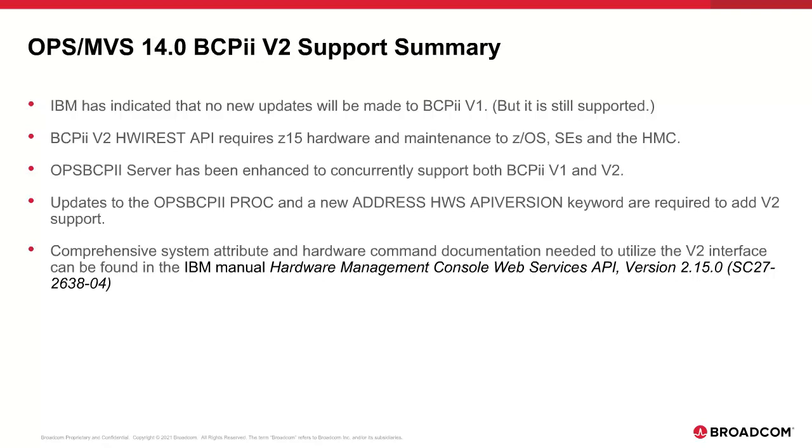The OPS BCPII server has been enhanced to concurrently support both BCPII versions 1 and 2. The updates to the OPS BCPII proc and a new ADDRESS HWS API version keyword are required to add version 2 support. And comprehensive system attribute and hardware command documentation needed to utilize the version 2 interface can be found in the following IBM manual.